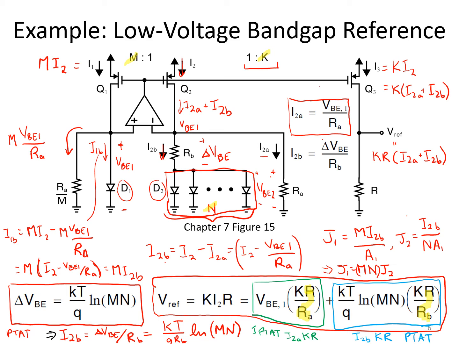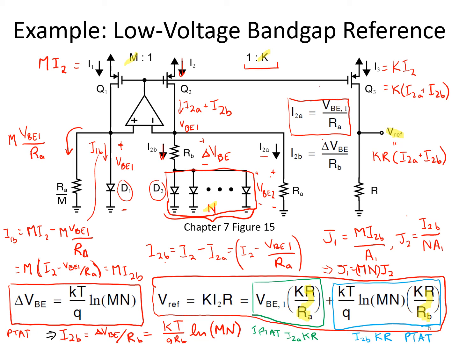You can use the extra degrees of freedom to control other desirable properties of the circuit. So you see, for example, there's no reason why VREF has to be above 1 volt. We can scale the currents I2B and I2A in such a way that they produce a voltage VREF that's sort of whatever we want, really.